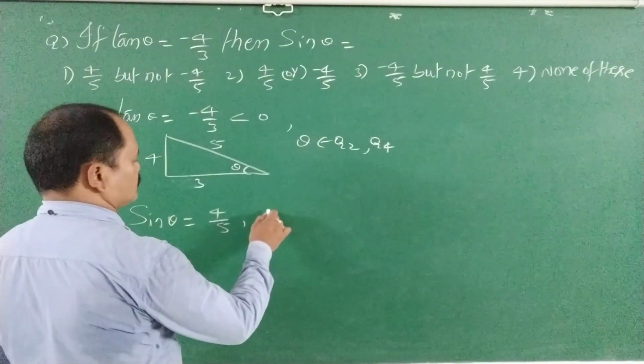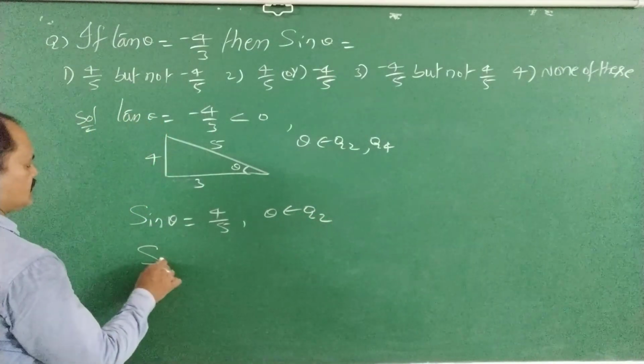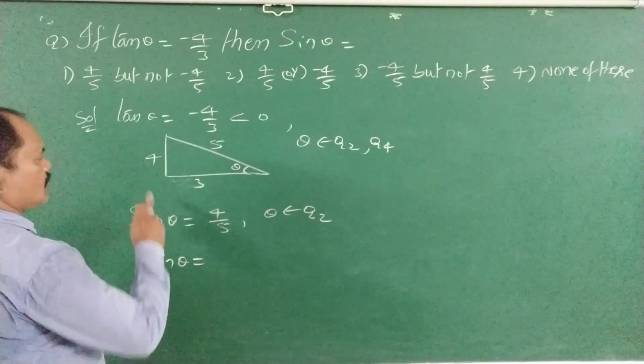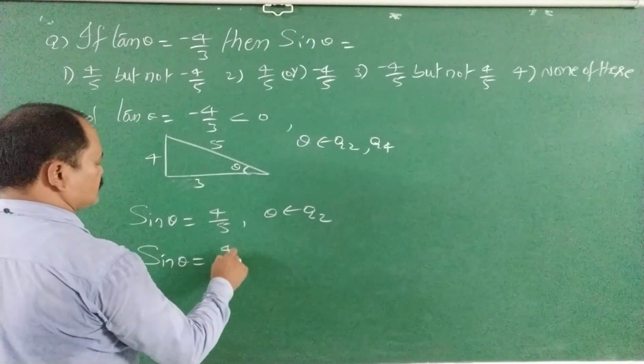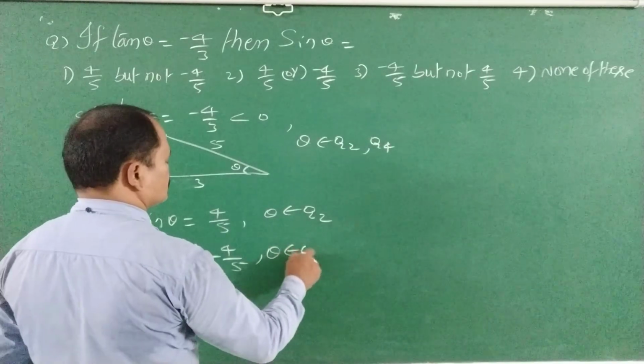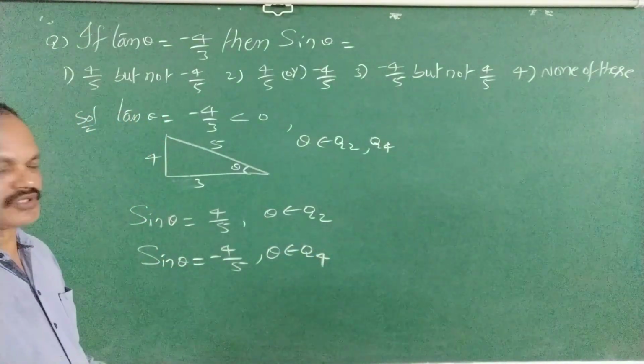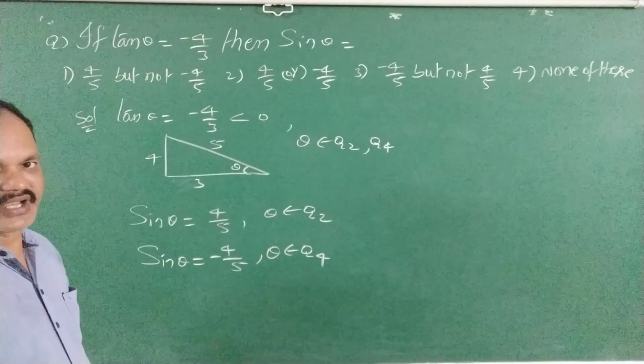It is positive where theta belongs to Q2. And sin theta is equal to opposite side by hypotenuse, 4 by 5, but it is negative since theta belongs to Q4. In the second quadrant sin is positive, in the fourth quadrant sin is negative.